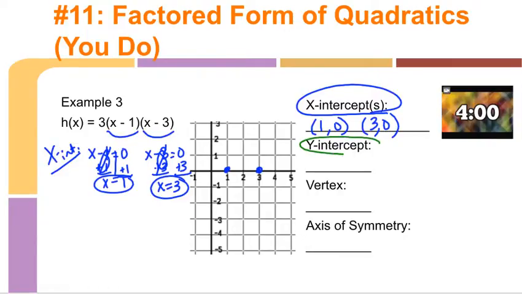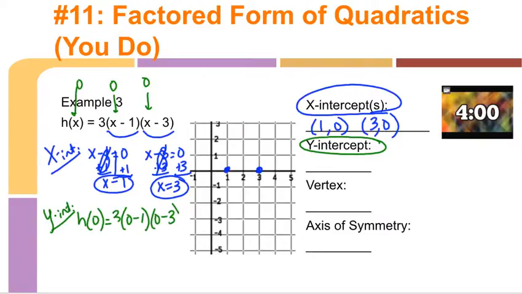For my y-intercept, I need to replace x with 0. So I'm going to write h of 0 equals 3 times 0 minus 1 and 0 minus 3. 0 minus 1 gives me negative 1, 0 minus 3 gives me negative 3.